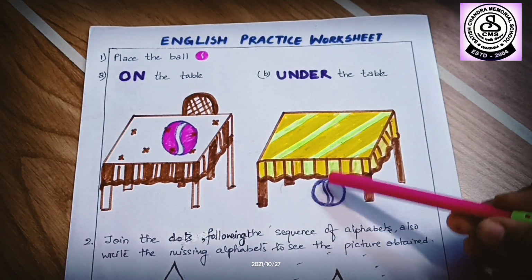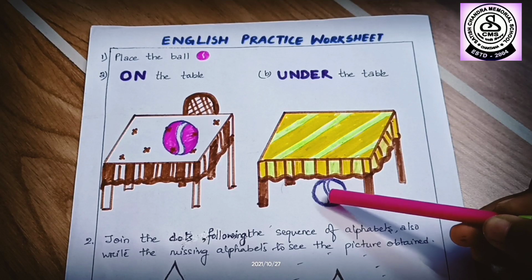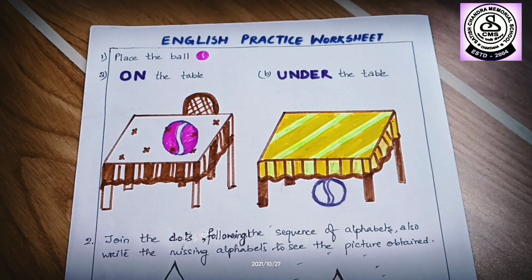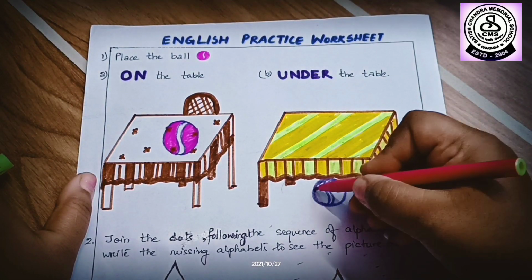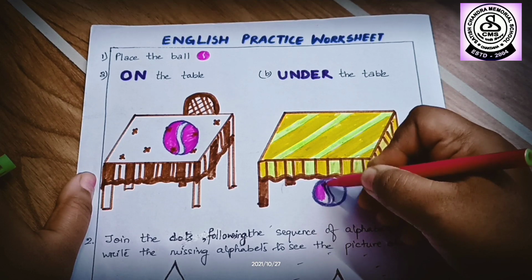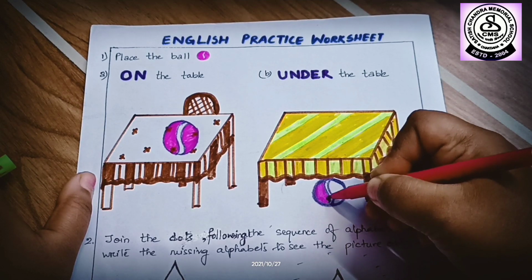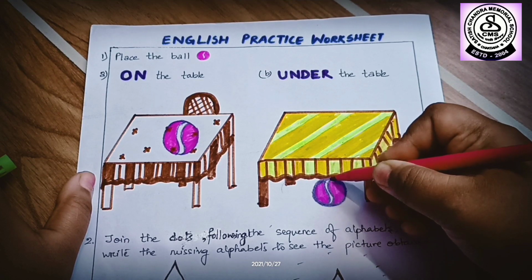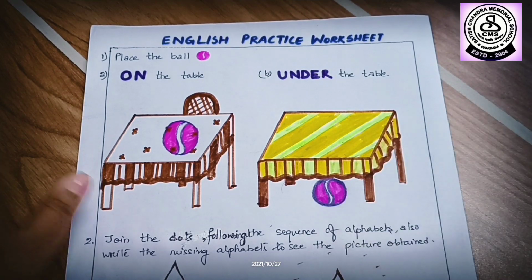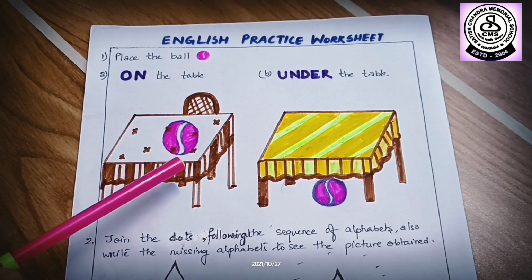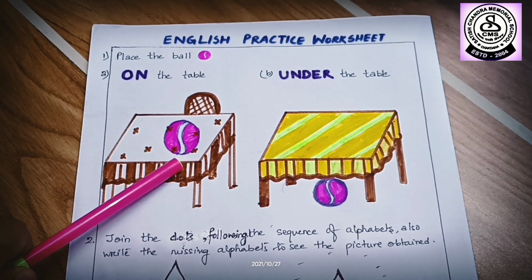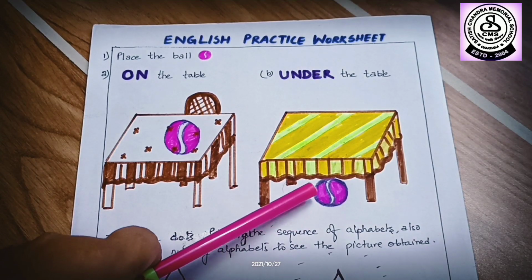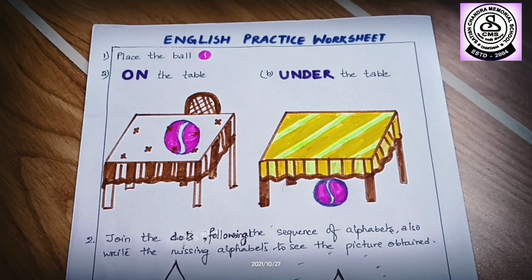The ball is under the table. So let's color the ball. See, here the ball is on the table and here the ball is under the table.